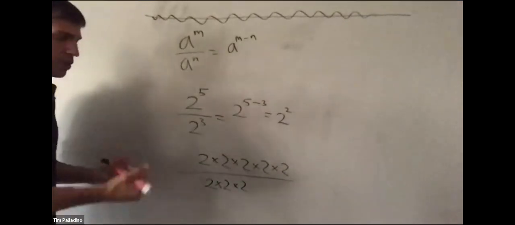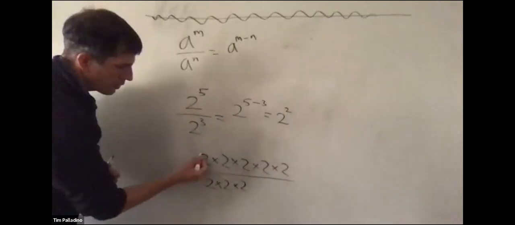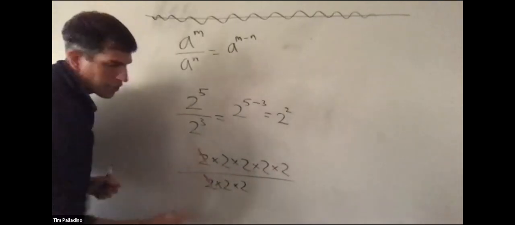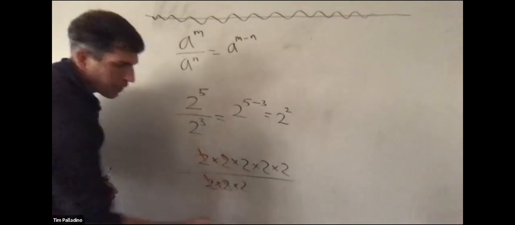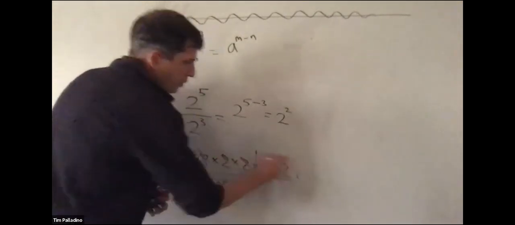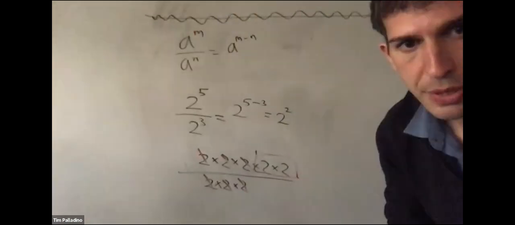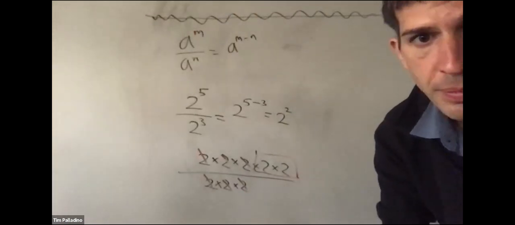And now you have a bunch of numbers you're multiplying, and you can cancel things out. This 2 cancels with that 2, this 2 cancels with that 2, and this 2 cancels with that 2. Now you're just left with 2 times 2, or 2 squared, which is 4. Okay. Does that one make sense? Yes.